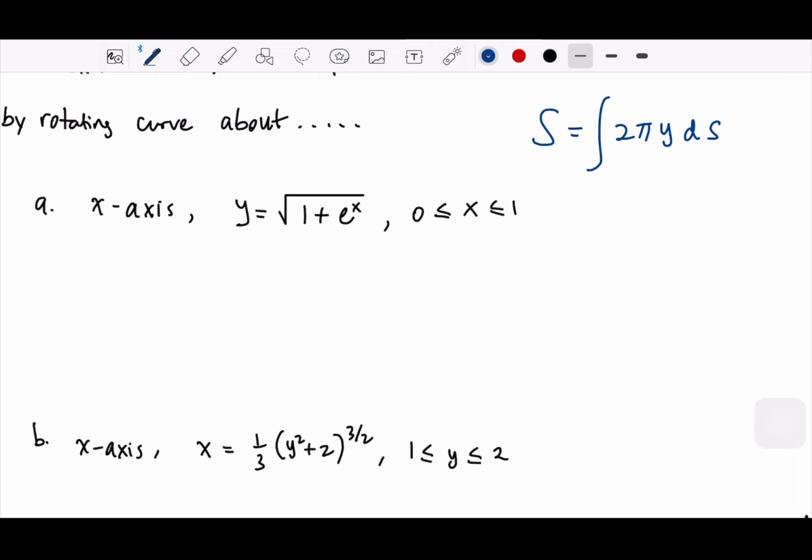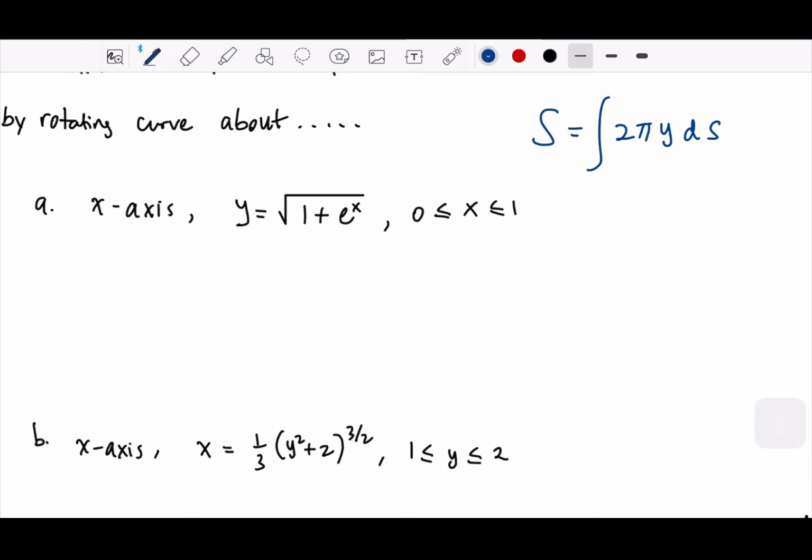Do not write the final one, like dx dy. Just write the basic one first, because we are going to decide whether to use dx or dy based on the question and the formulation here.